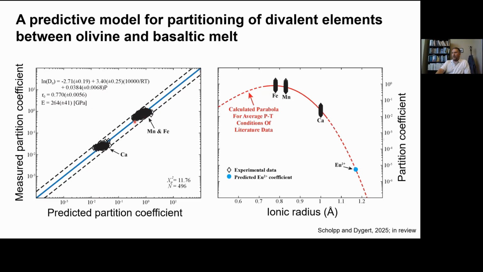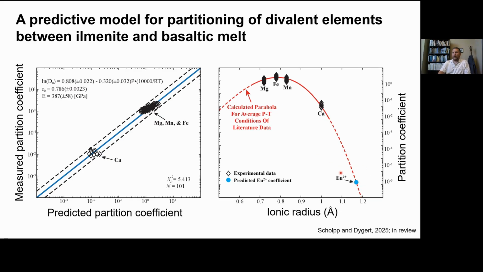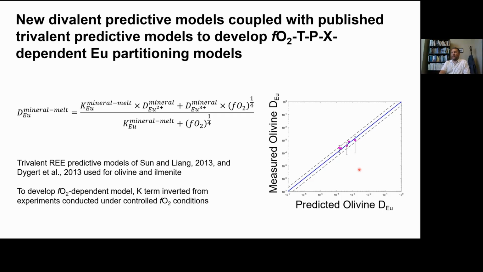And using this model, we can make an extrapolation and predict divalent europium partition coefficients that haven't been measured. All right, he went through the same exercise for ilmenite. And again, we can calculate the divalent europium partition coefficient for that phase as a function of pressure and temperature.